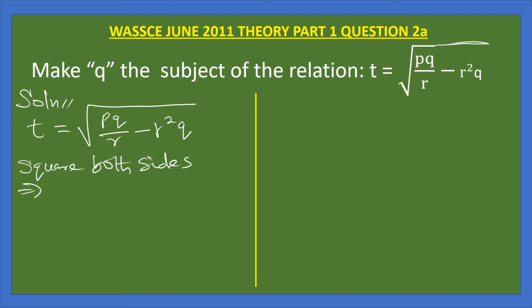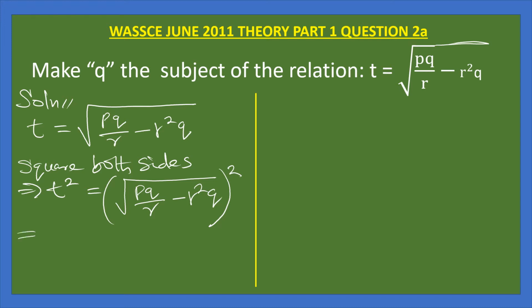We now have T squared as equal to bracket open, the square root of PQ over R minus R squared times Q, bracket close, all squared. Now this implies that we have T squared as equal to PQ over R minus R squared times Q, bracket open, bracket close, raised to power half times 2.